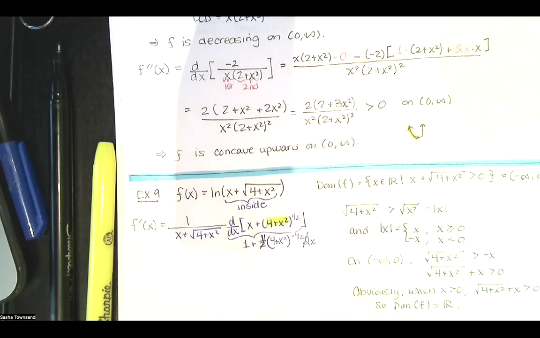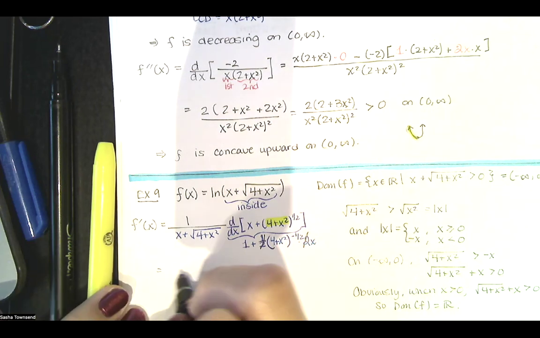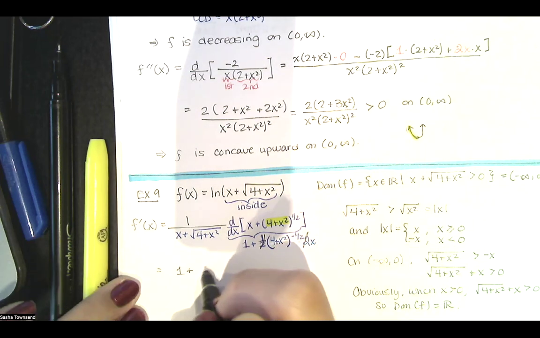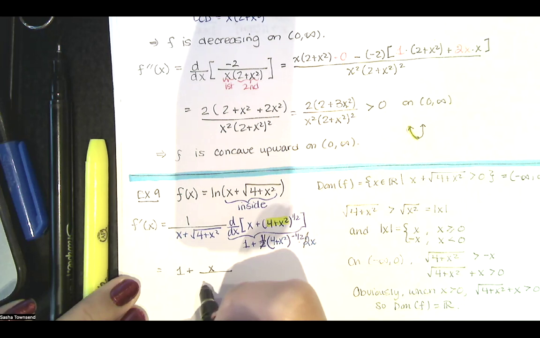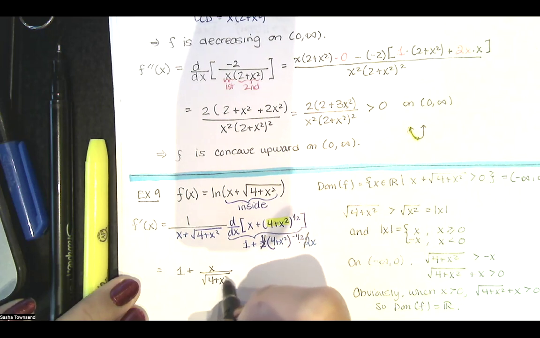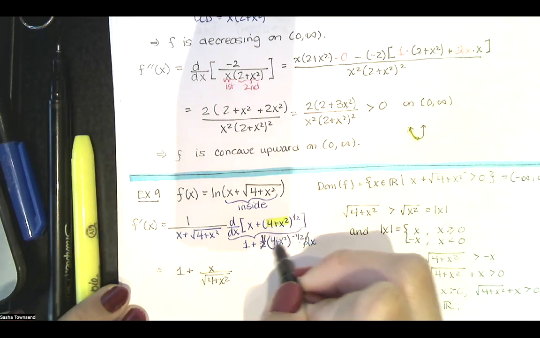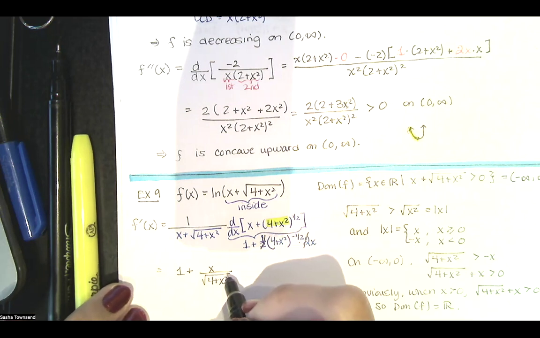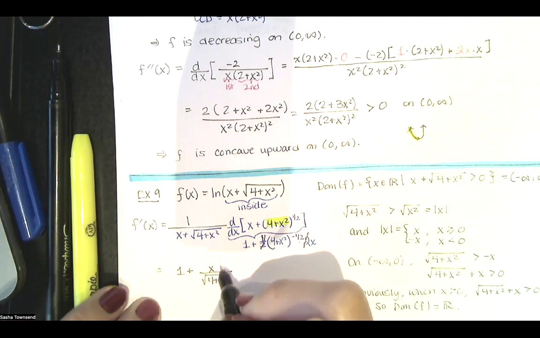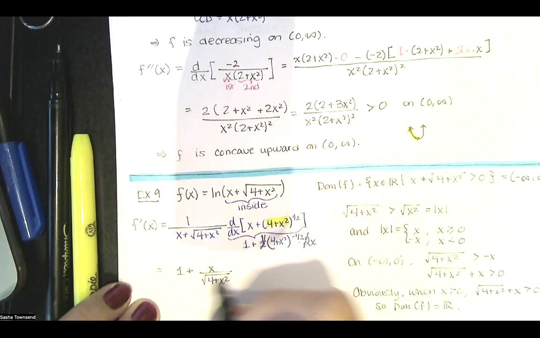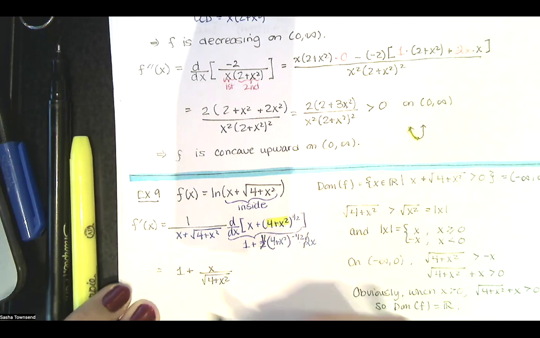So this gives us 1 plus x divided by the square root of 4 plus x squared. That's because 4 plus x squared to the negative 1/2 is the same as 4 plus x squared to the positive 1/2 in a denominator, and the positive 1/2 power is a square root.